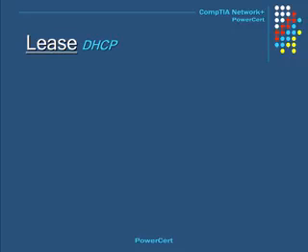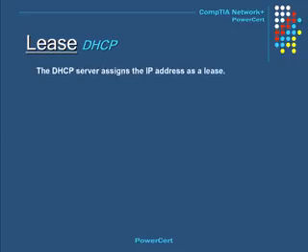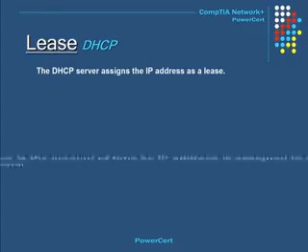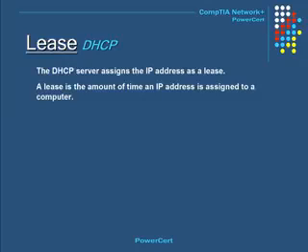When computers obtain an IP address from a DHCP server, the DHCP server assigns the IP address as a lease. So the computer doesn't actually own the IP address. It's actually a lease, and a lease is the amount of time an IP address is assigned to a computer.